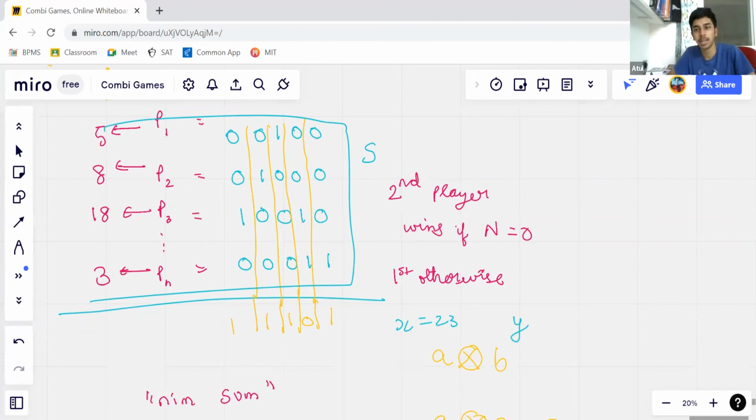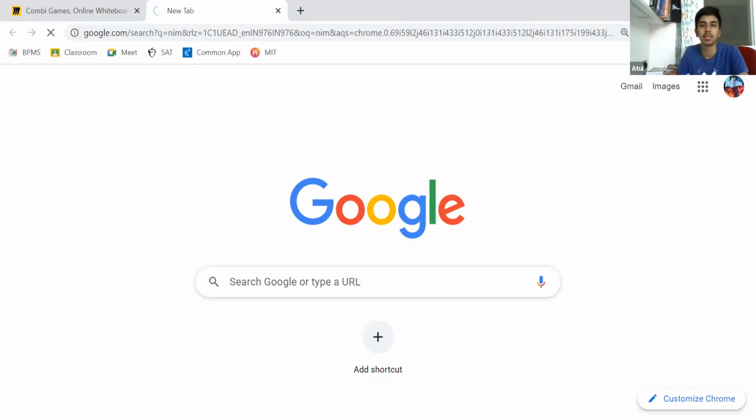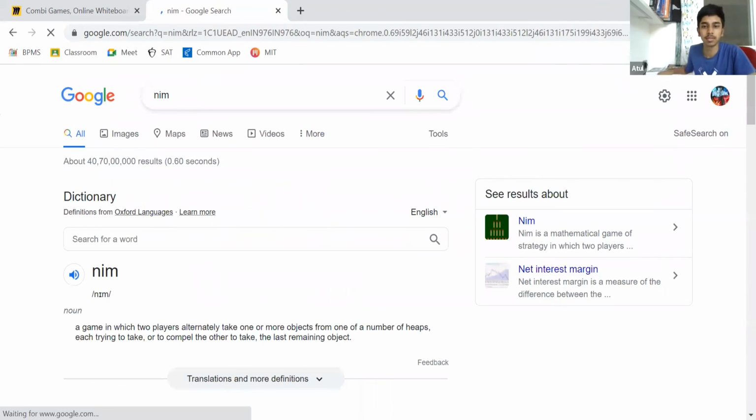Can you tell me the source of this nim sum? I would really like to read about it. Oh, it's just nim, like the game. You can just Google it. There's an enormous Wikipedia page dedicated to this. In fact, I'll just open it.